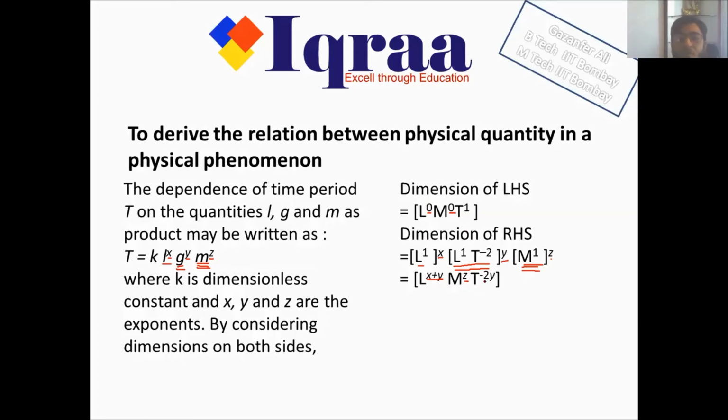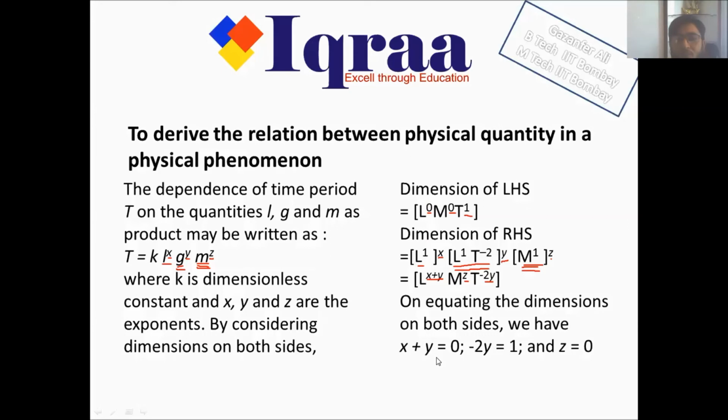And here the power of t is minus 2y, and here the power of t is 1. So what we can see is that x plus y is equal to 0, minus 2y is 1, and z is equal to 0. If we simplify this, we'll get x equal to half, y is equal to minus half, and z is equal to 0.